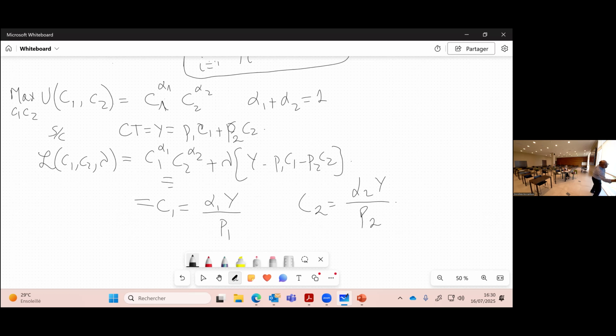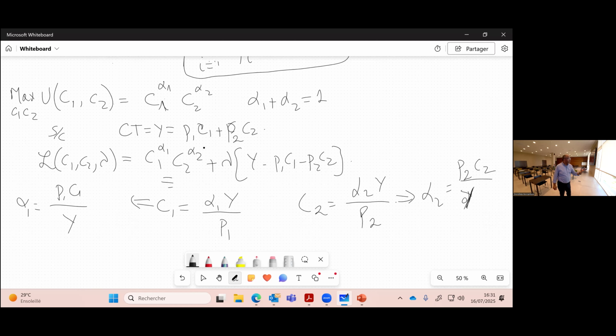From this one, we clearly deduce alpha 1 equals P1 C1 over Y. And from the second one, we can deduce alpha 2 equals P2 C2 over Y. Okay, what it means is that alpha 1 and alpha 2 are budget coefficients, budget shares.